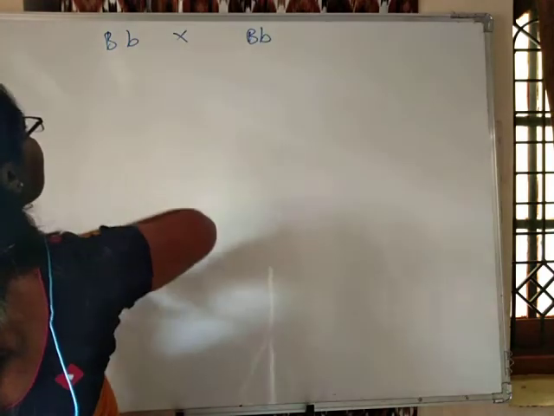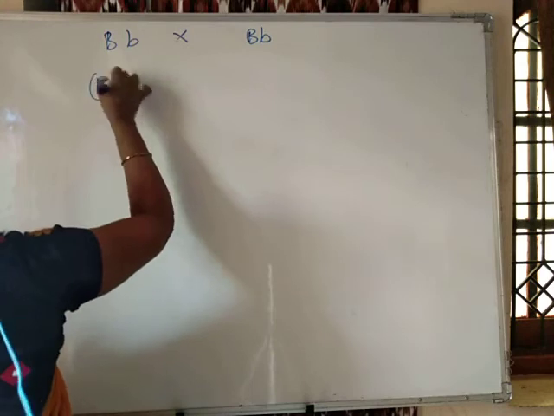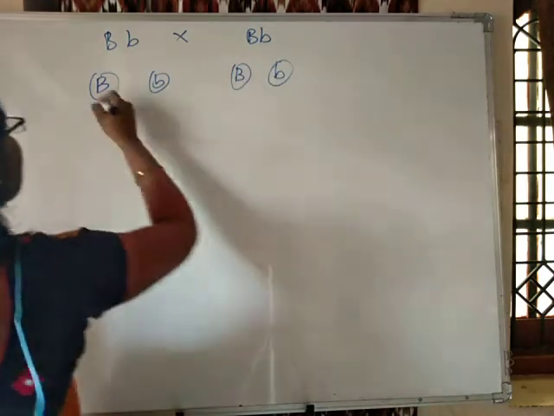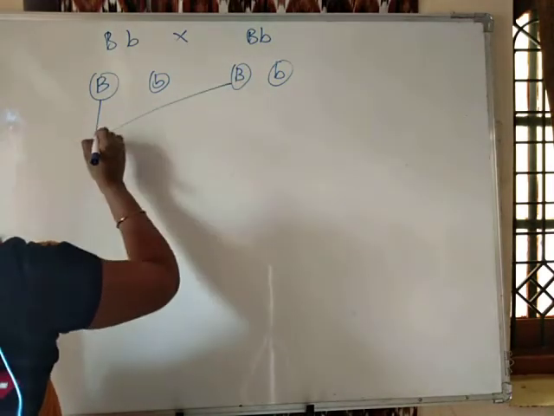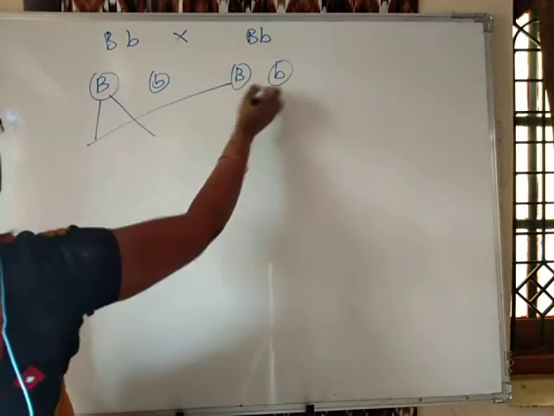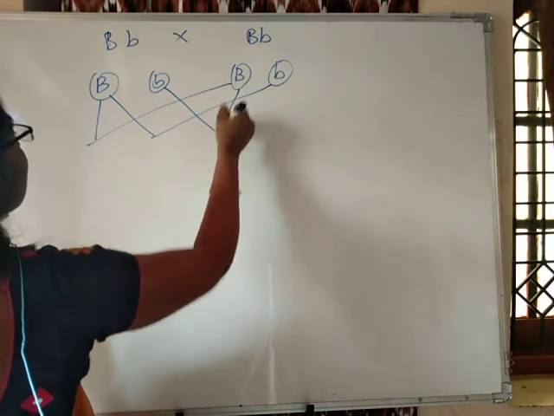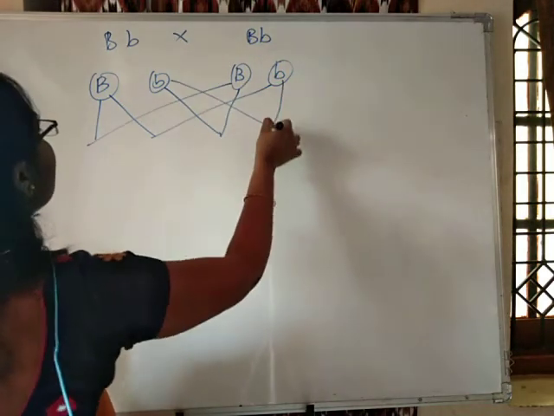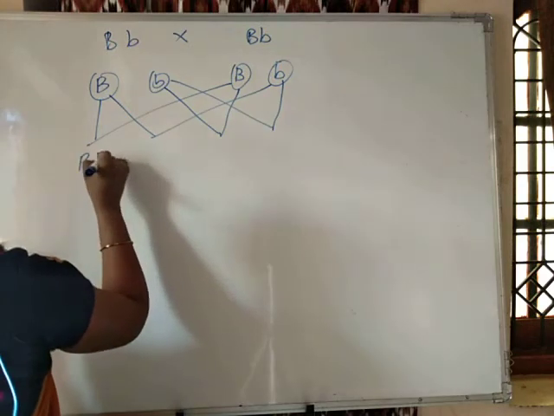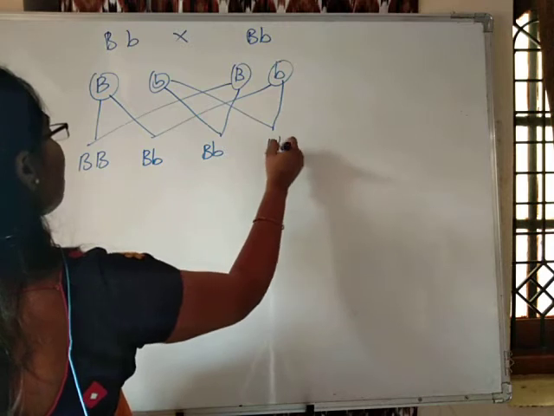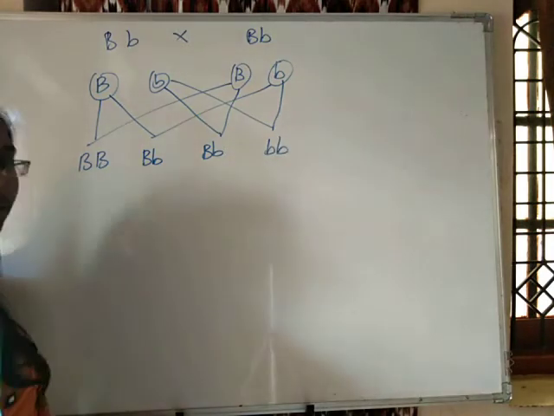The offspring will be capital B capital B, capital B small b, capital B small b, and small b small b. These will be the offspring individuals.